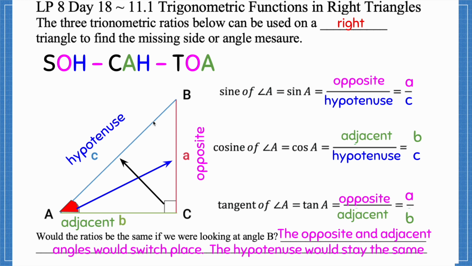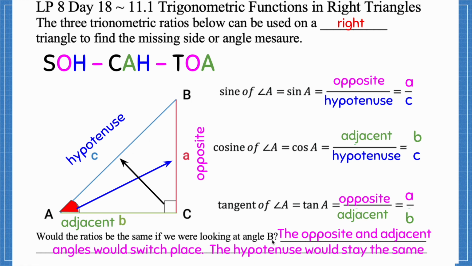You need to remember what they stand for: sine, opposite hypotenuse; cosine, adjacent hypotenuse; tangent, opposite adjacent. It makes it way easier to have this memorized without having it written down. In high school I would write this down just to help me remember how to do the trigonometric functions.